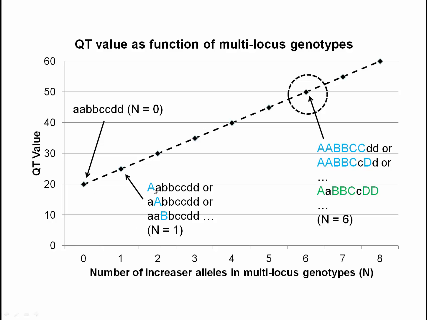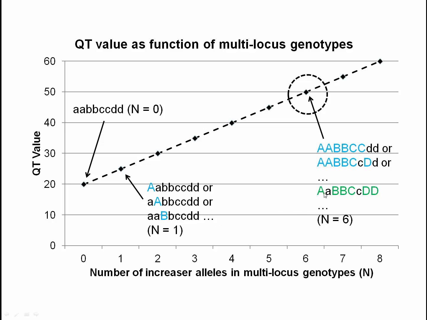Now, if I'm talking about the situation where I have one increaser allele, there are a number of different multilocus genotypes that can have that. But basically, the story is that there can only be one capital letter in the string of letters, and I've indicated those here in blue.